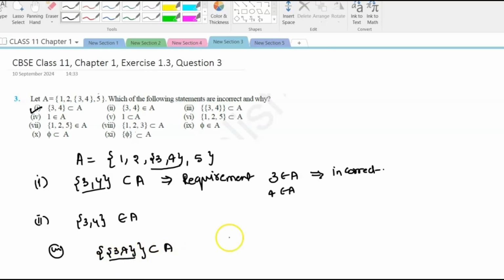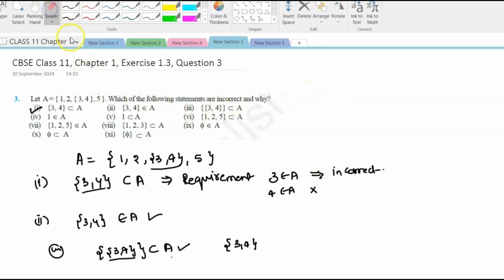The element of this set is 3, 4, right? The element of this set is the set {3, 4}. And {3, 4} also belongs to A. So, therefore, every element of this set is an element of A. And therefore, this statement is correct. So, we will not choose the third option also.